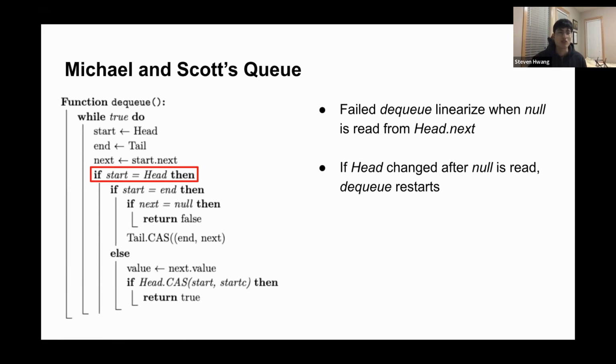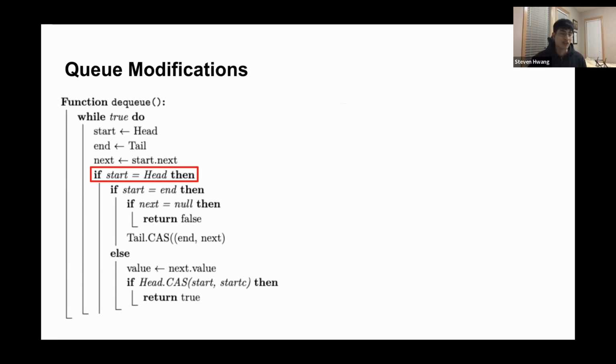And so if the head was changed between when the next was read and when this if condition is evaluated, then the dequeue will restart. And again, the response is not determined by its linearization point. And we can, again, construct a counterexample to the implementation being strongly linearizable.